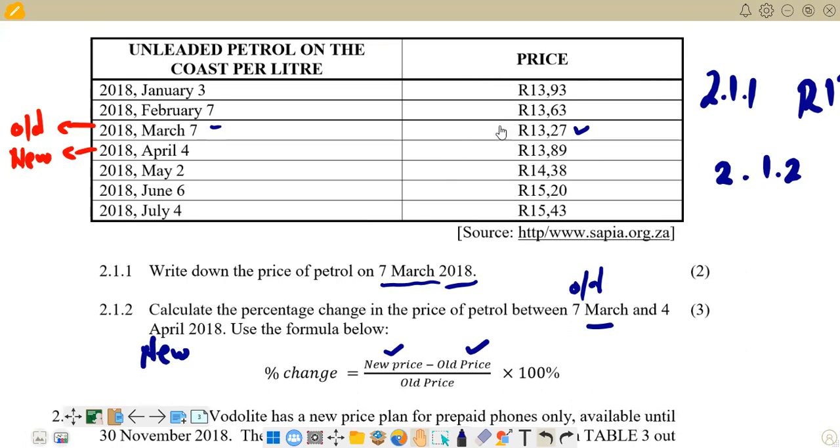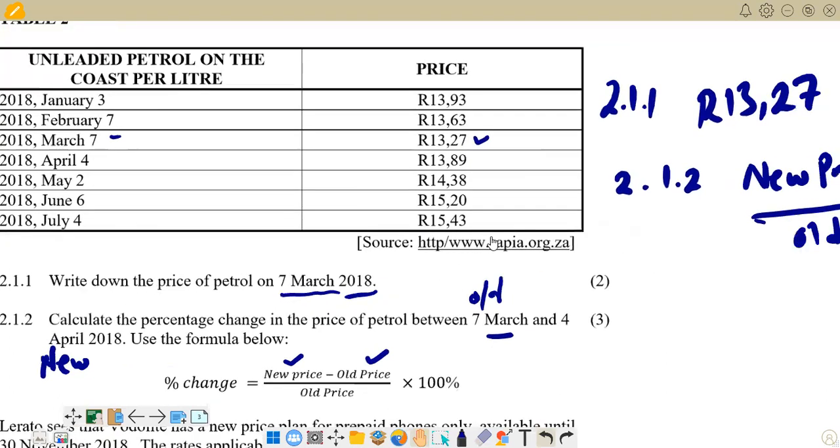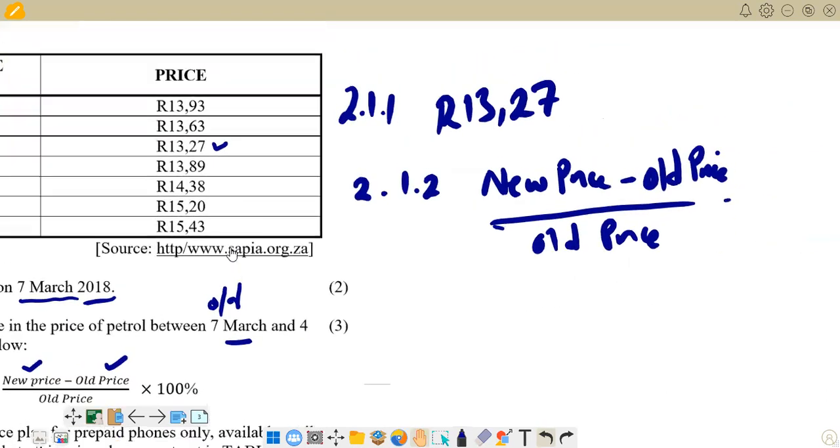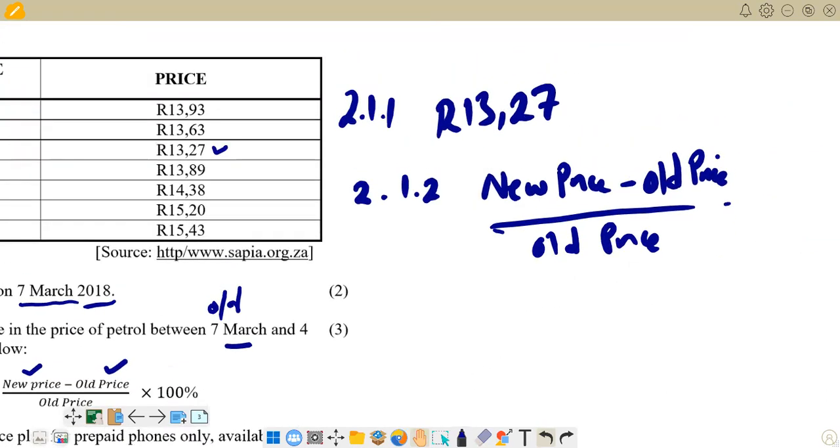Then our old is 13.27. So we can go and substitute there, and here we are multiplying by 100%. Our new price is 13.89, and we subtract the old price, which is 13.27.